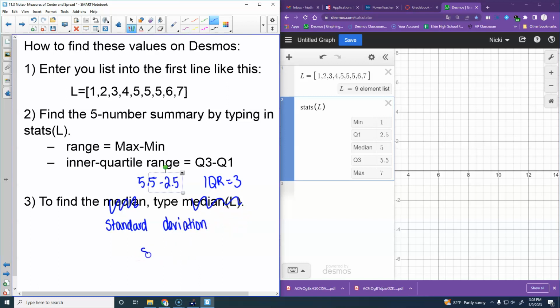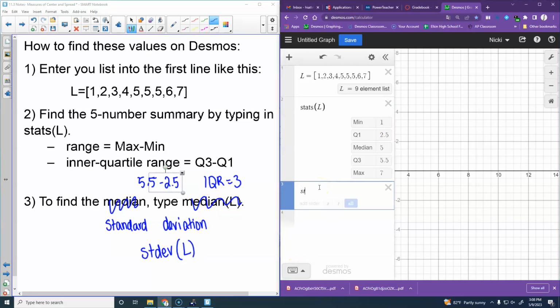You're going to type STDEV and then L. I know it has STD in it. I didn't come up with this. Somebody who doesn't teach 9th graders came up with that abbreviation. I didn't realize until you said it. I heard some giggles.